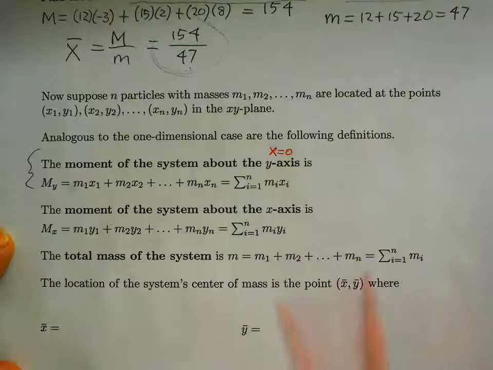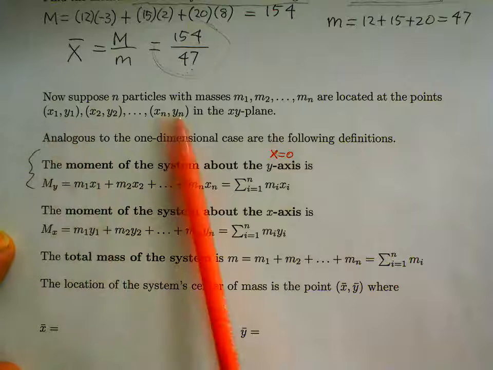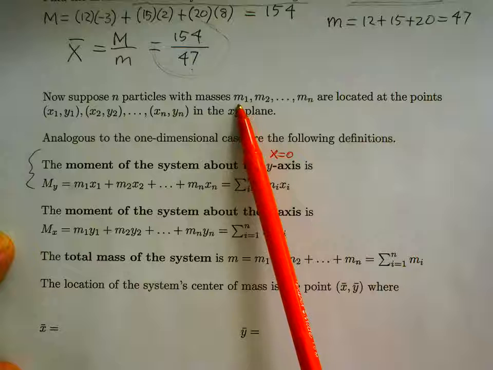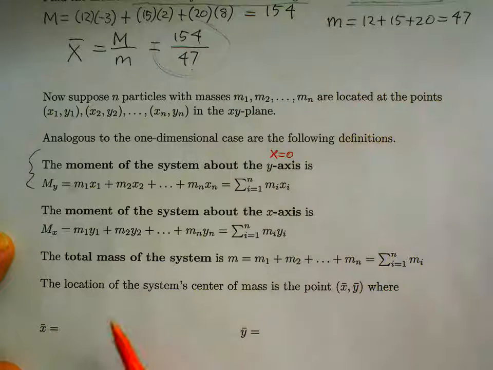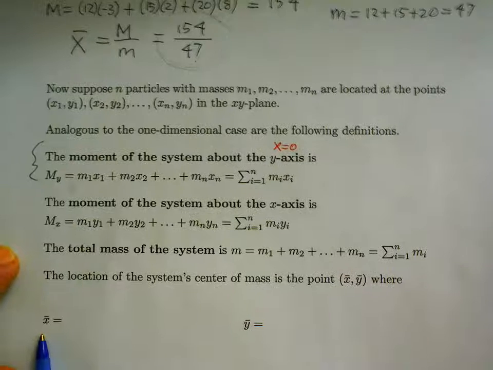Okay, so in the xy plane, if we have these n points associated with those n ordered pairs with masses m1 through mn, then there is an ordered pair or a point in the xy plane that is the center of mass, and it's denoted by the ordered pair x bar comma y bar in parentheses. Okay, so what do you suppose the x coordinate x bar is for the center of mass?